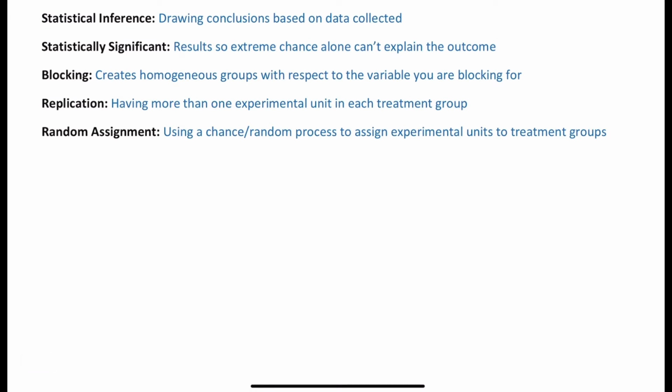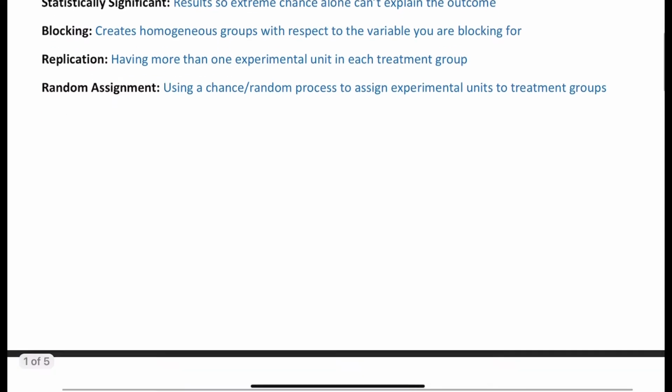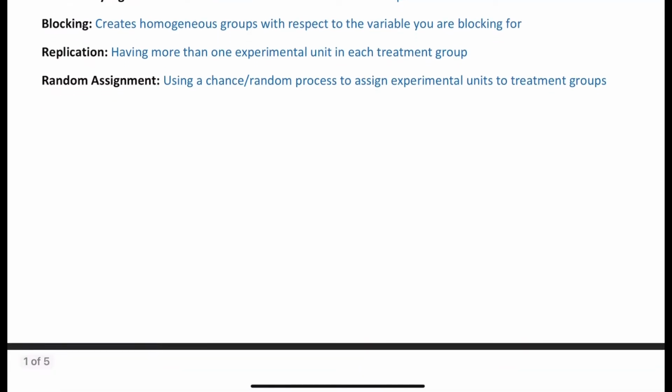Good example of blocking is blocking by grade level, blocking by birth sex. These people or subjects within the experiment share these characteristics. And I know it says replication, but a good experiment always has more than one unit, so that way we can make sure our results are as valid as possible. And of course, we want things to be random. It ensures as least bias as possible.